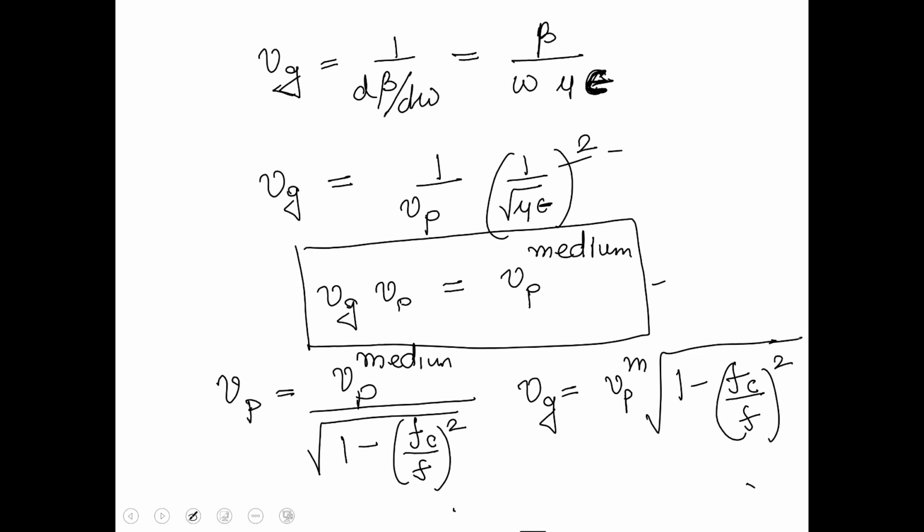So there is a similar relationship we have gotten here, but in deriving this relationship, we assumed that mu and epsilon did not change.